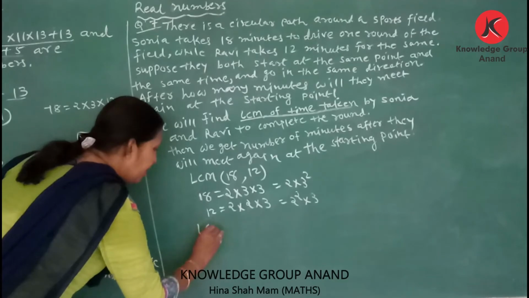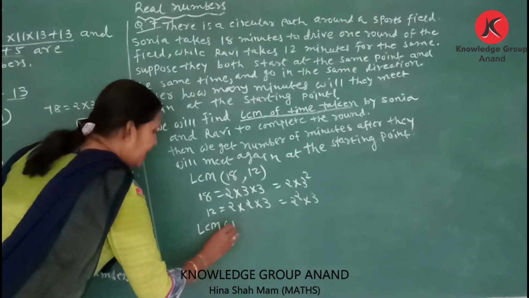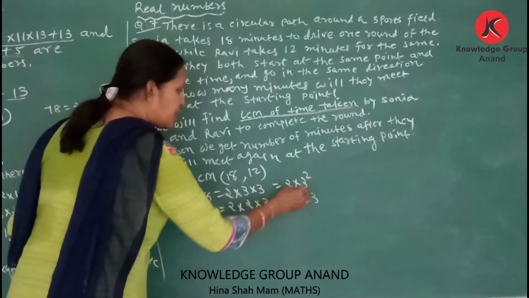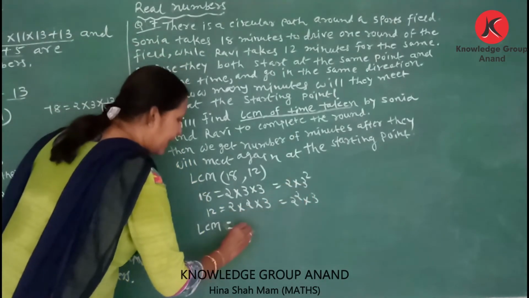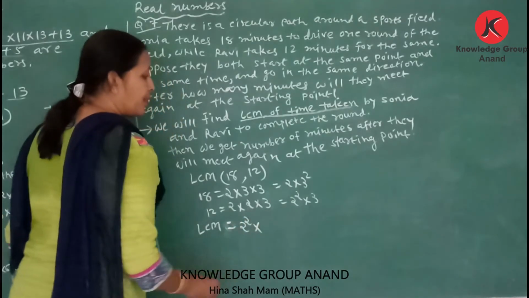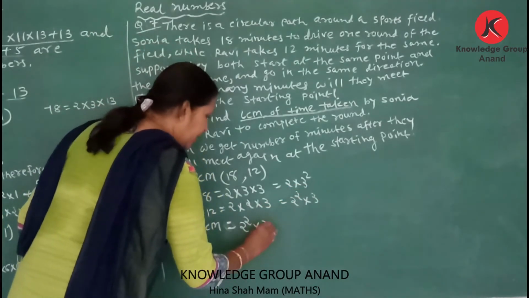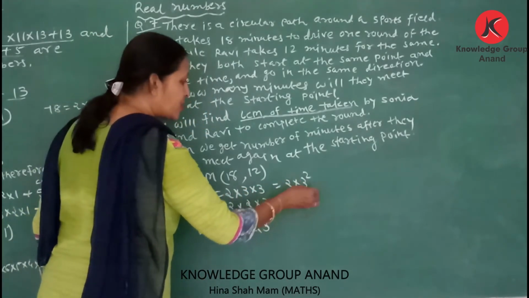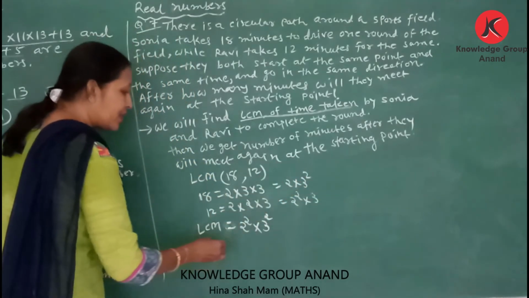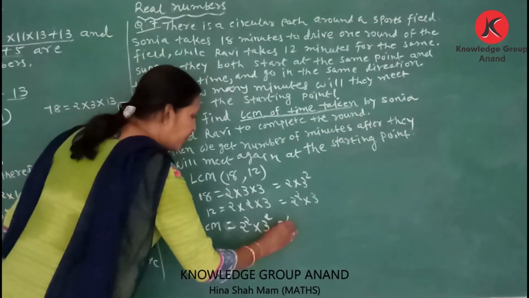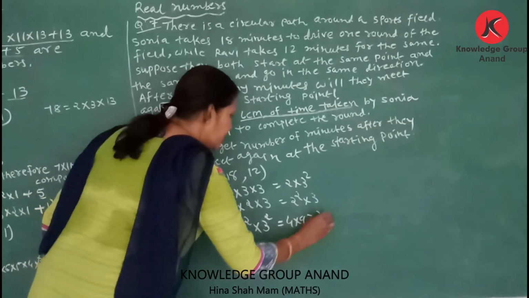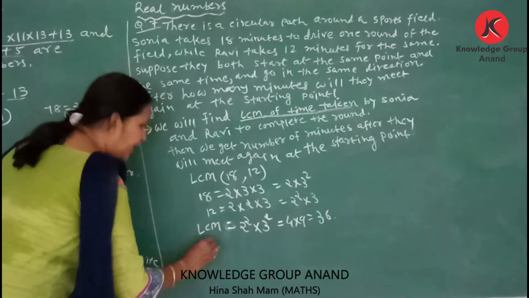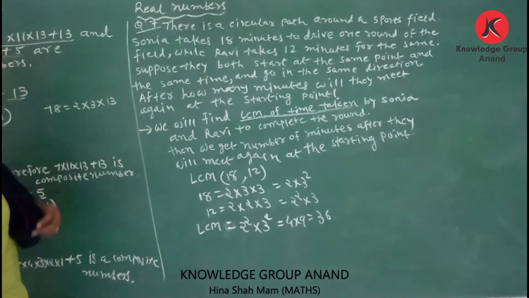Therefore, the LCM is the product of the greatest power of each prime: 2 square and 3 square, therefore 4 into 9 is equal to 36. LCM of 18 and 12 is equal to 36.